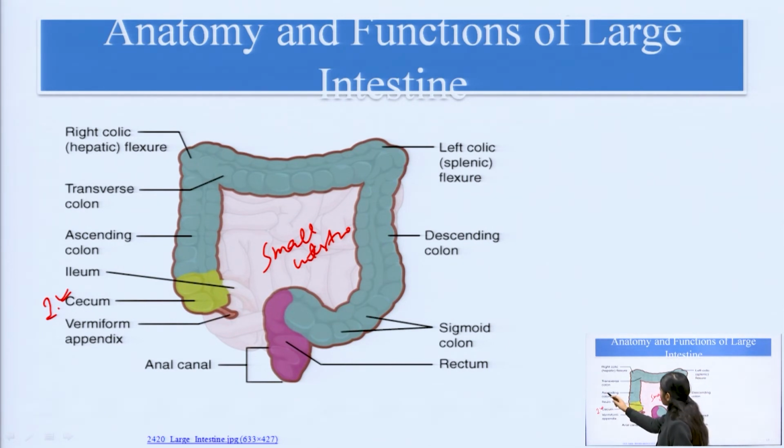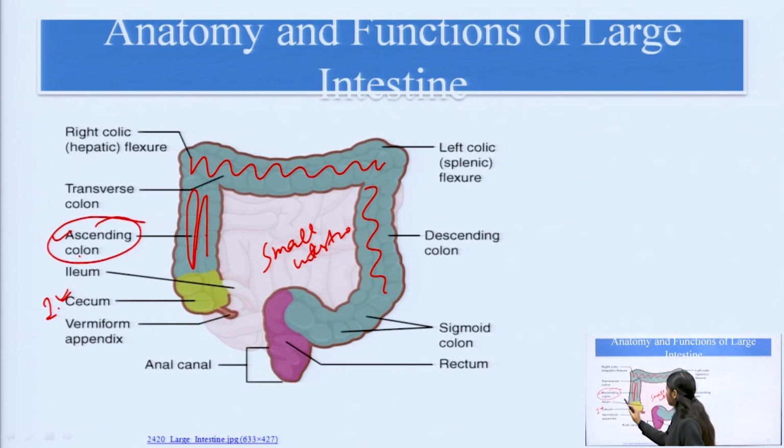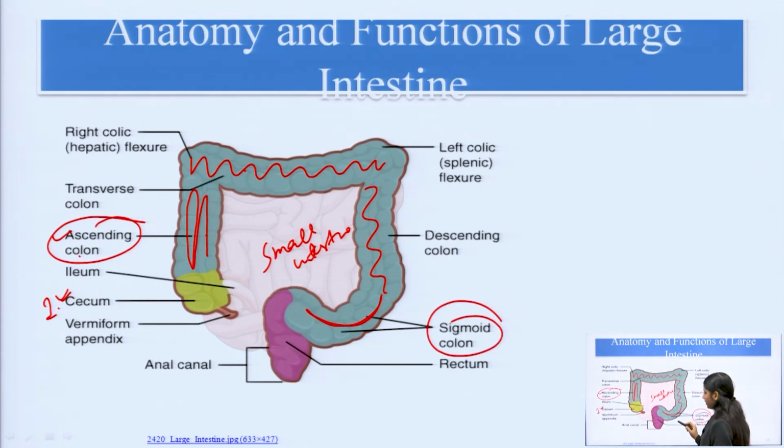This is the ascending colon, then there is the transverse colon, and then the descending colon. Apart from these, there is an area in a sigma shape, which is known as the sigmoid colon. So the colon is divided into four parts: ascending, transverse, descending and sigmoid.